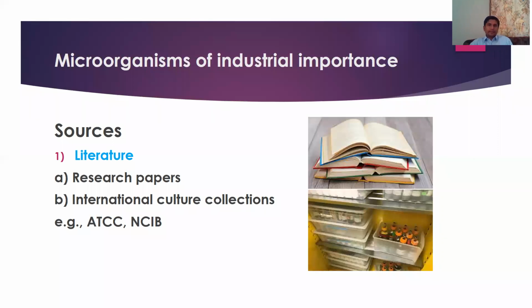So our today's lecture is very important, and that is titled Microorganisms of Industrial Importance and Their Sources. Whenever we have nothing in our hand in order to produce something in industrial biotechnology, the fundamental requirement that we need in order to produce the bioactive compounds is actually the microorganisms.